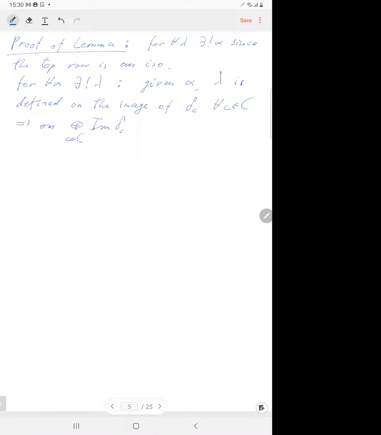Okay, so I can choose various points, and for any of them, lambda will be defined on the image of one particular thing. Maybe I should not say direct sum. I should say just sum, because they can have linear dependencies in the image. Okay, so we only have to check that those guys generate the whole first cohomology.